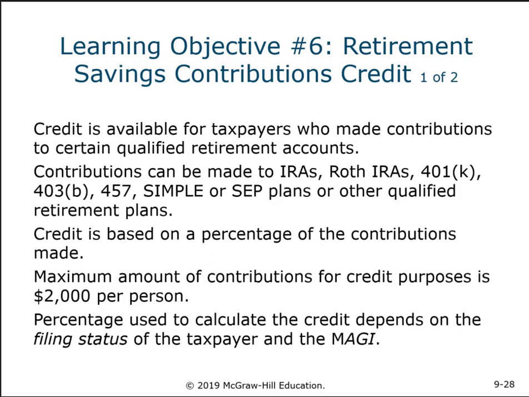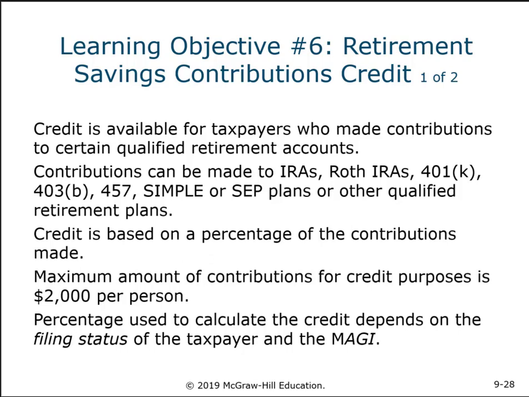So this is a very useful credit, but as you'll see, it phases out very quickly, meaning it's not very helpful for anybody making very much money, even the median income in the United States. So this is how you qualify. You have to make contributions to one of those types of plans, and you apply the percentage.